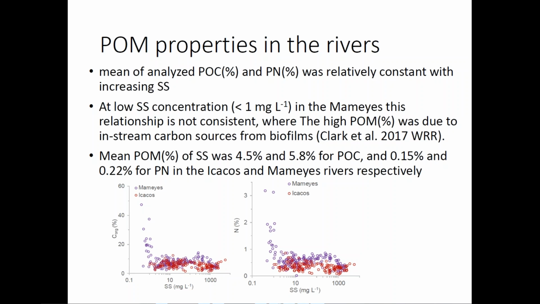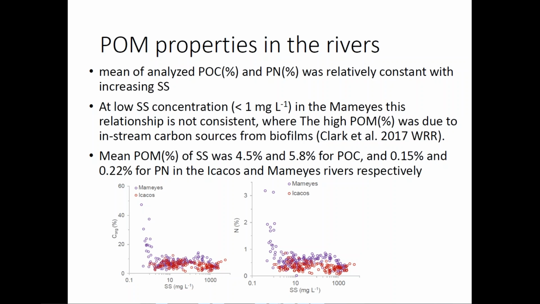But essentially, what we saw was that beyond this very low flow, the contributions of POM remained relatively consistent. The numbers here show what the percent carbon and nitrogen was over this time period.